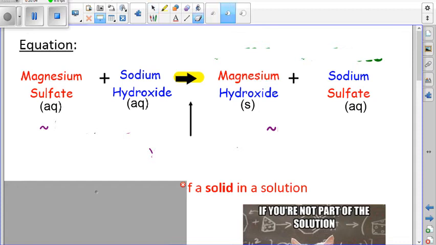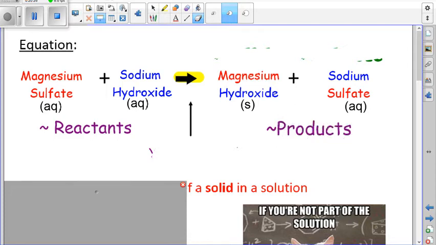All right, some other labels. All the stuff before the big arrow, those are called reactants because they are what is reacting. All the stuff after the big arrow, those are called products because those are what are produced.